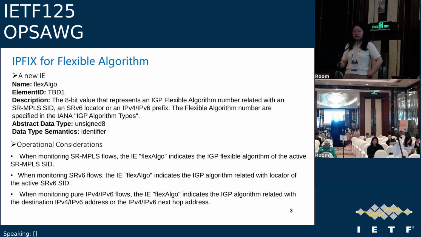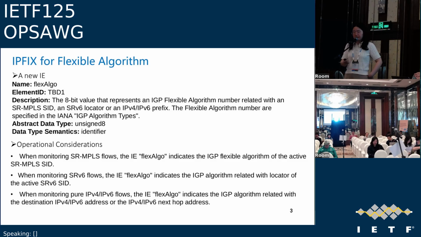So only one new draft, only one new information element. The flex algo information element describes the flex algo number related with an SR-MPLS SID, an SRv6 locator, or an IP prefix. Operational considerations: when monitoring SR-MPLS flows, this IE indicates the IGP FA of the active SR-MPLS SID. When monitoring SRv6 flows, it indicates the IGP FA related with the locator of the active SRv6 SID.